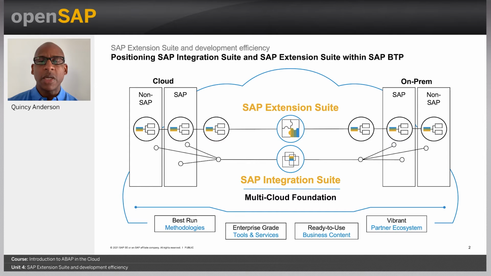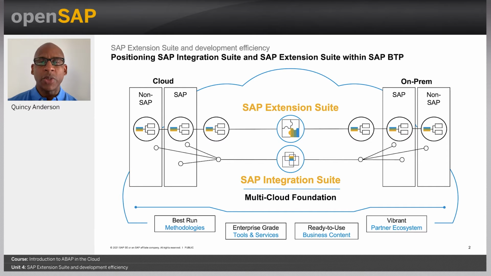You may sometimes hear the SAP Integration Suite referred to as SAP's Integration Platform as a Service, IPAAS offering. Both SAP Extension Suite and SAP Integration Suite are built on our multi-cloud foundation.